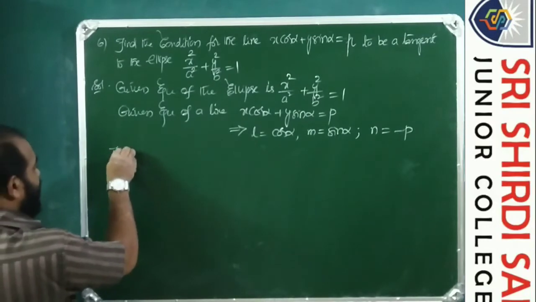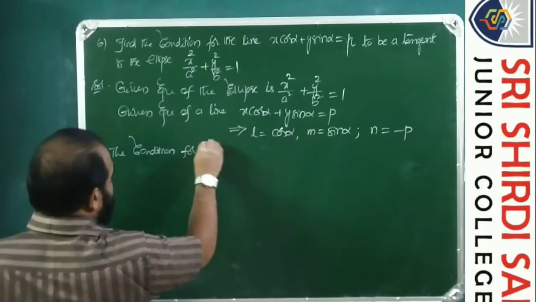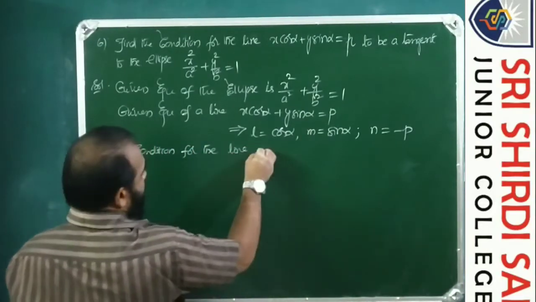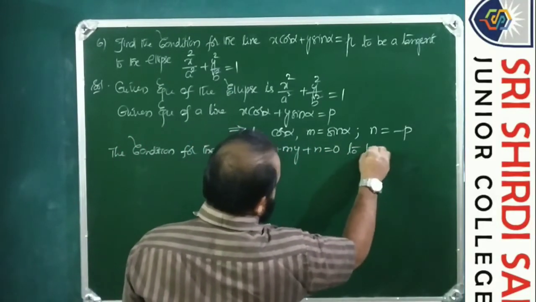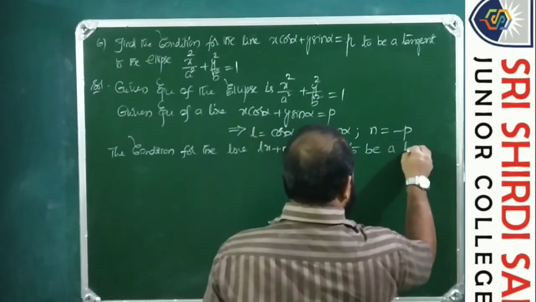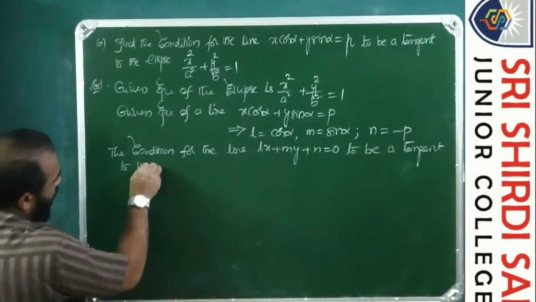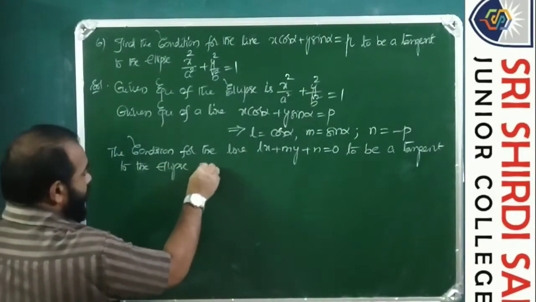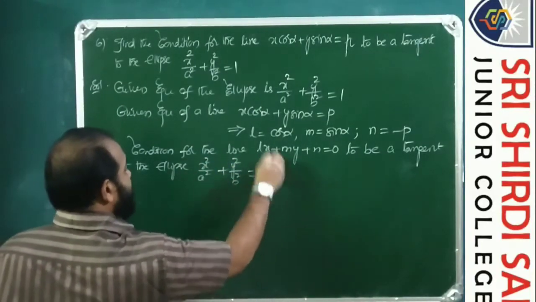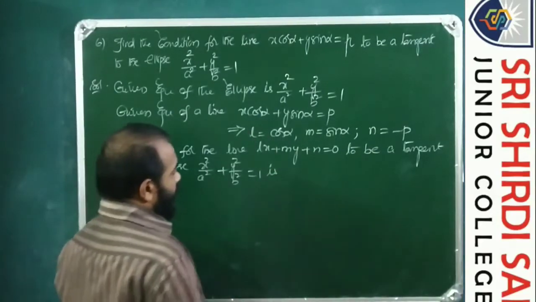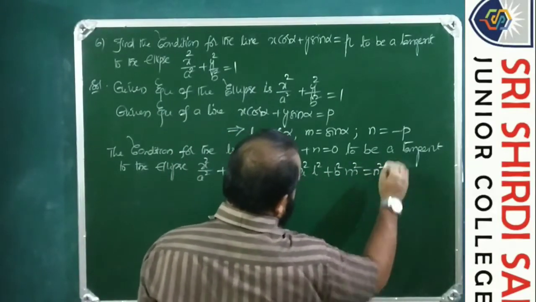So the condition for the line Lx plus My plus n equals to 0 to be a tangent to the ellipse x square by a square plus y square by b square equals to 1 is a square L square plus b square m square equals to n square.